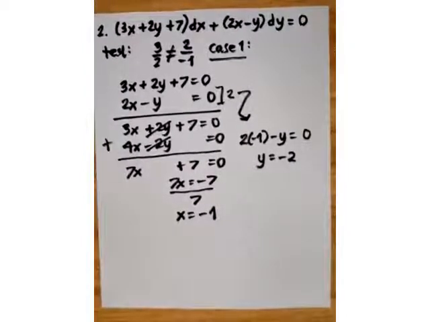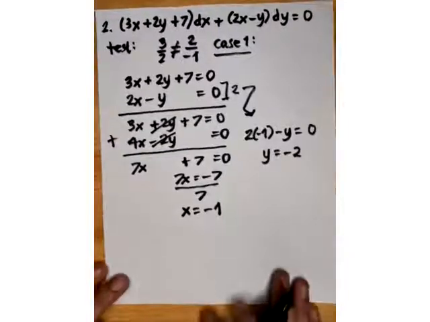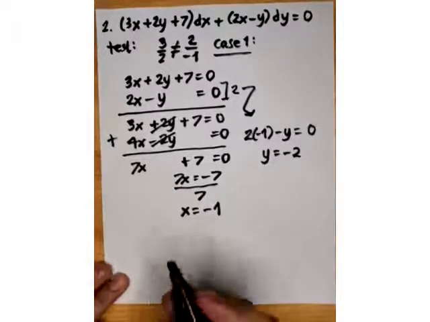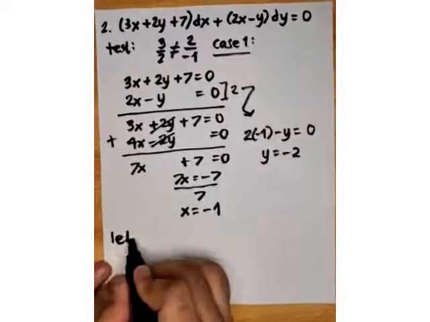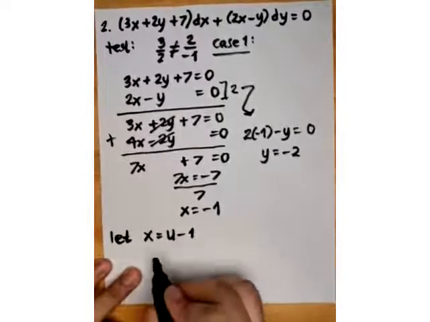So tama ba? So let me check sa calcu. 3, 2, 7, 2, negative 1, 0. Okay, negative 1 and 2. So, tama. Ayan. So, nakuha na natin yung dalawa. So, we let x is equal to u minus 1.